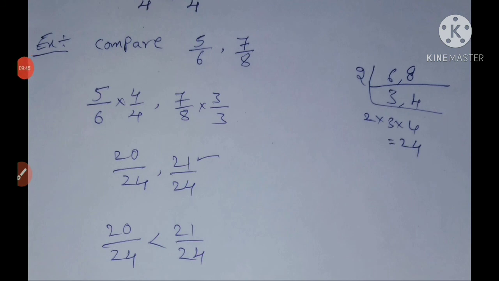After getting the like fractions, we compare them by the known method. What is that method, sir? If denominators are the same, the fraction with the greater numerator is greater and the fraction with the lesser numerator is lesser. By that we can say that 21 by 24 is the greater fraction and 20 by 24 is the lesser fraction. So that means 20 by 24 is less than 21 by 24.